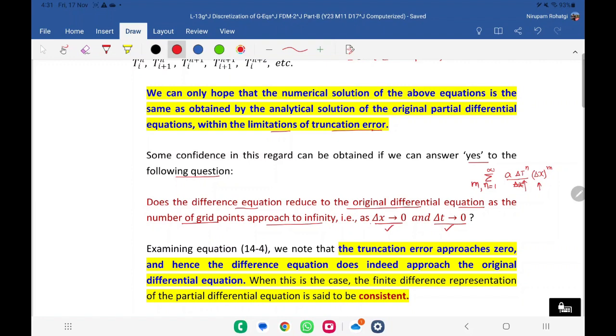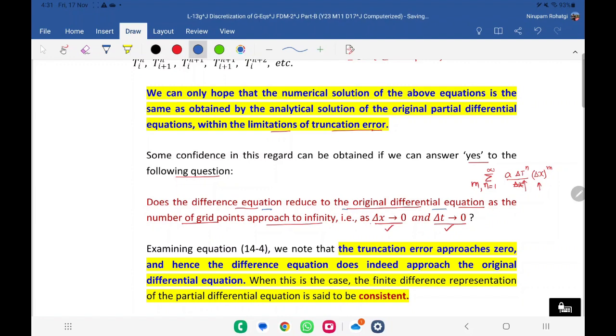So we have to check: does the difference equation reduce to the original differential equation as the number of grid points approaches infinity? So we just have to see that our truncation error approaches 0.